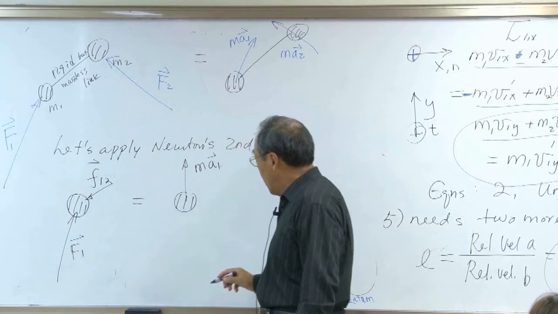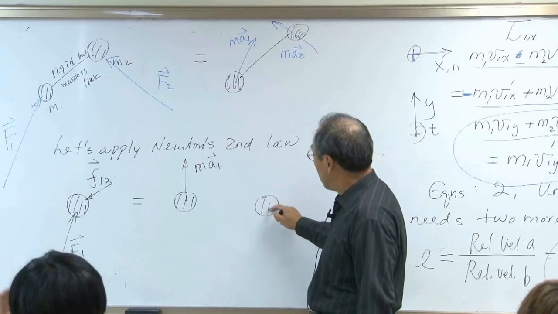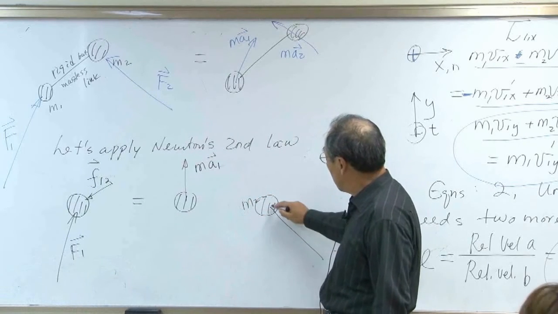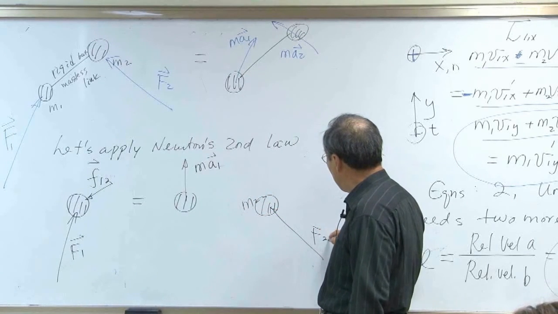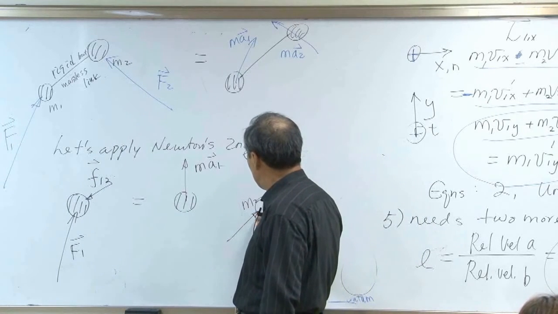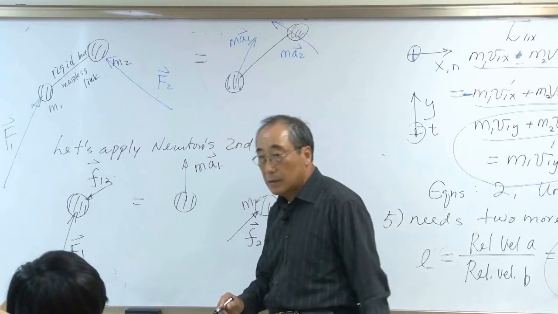And another pictorial equation of motion would be, there is a particle 2, m2, and the external force is F2, and the internal force, this is F21 vector.